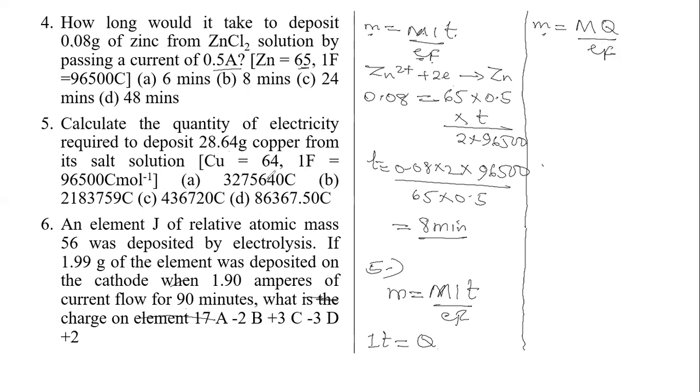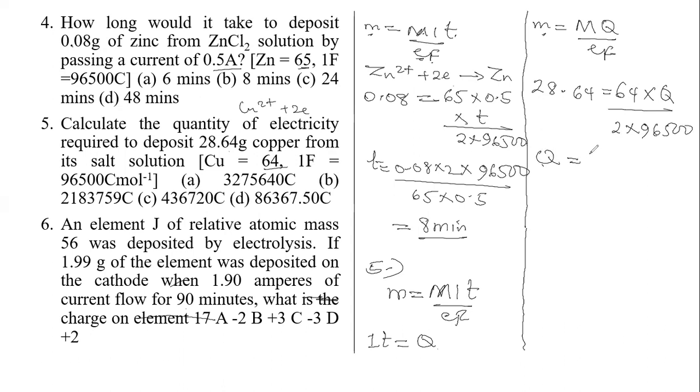So this M is 28.64, equals to this one I told you is the atomic mass of the element, which is 64, times Q, divided by EF. For copper, we saw earlier that it is Cu2+, so it will take 2 electrons. So therefore, E is going to be 2 times 96,500 coulombs.